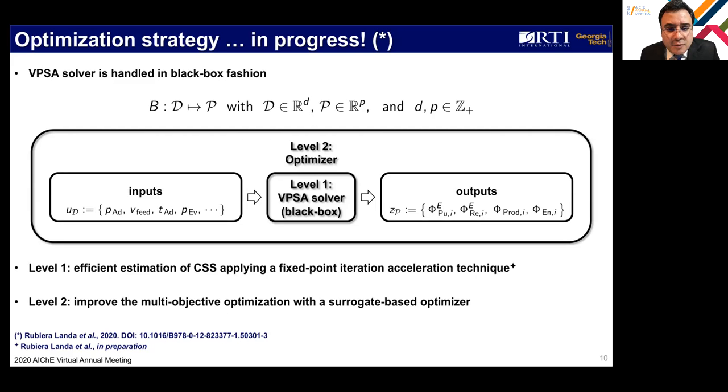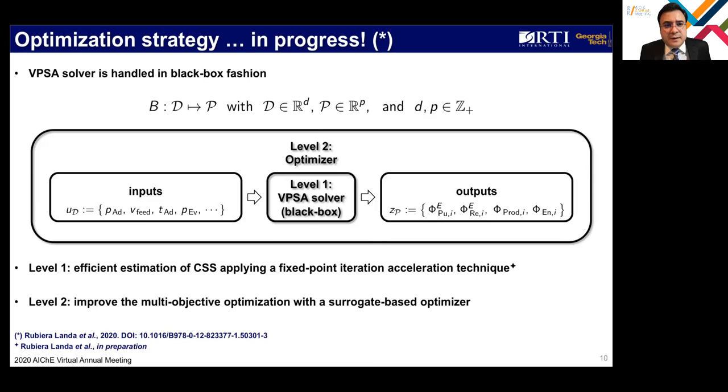And one thing that we do is that we improve the computational time that is required for the calculation of the metrics of the process at cyclic steady state. And then on top of that, instead of using a conventional stochastic algorithm, we resort to a surrogate-based optimization tool. And this allows us to reduce the computational cost by around one order of magnitude, as we have reported recently, in the references that I'm describing below.